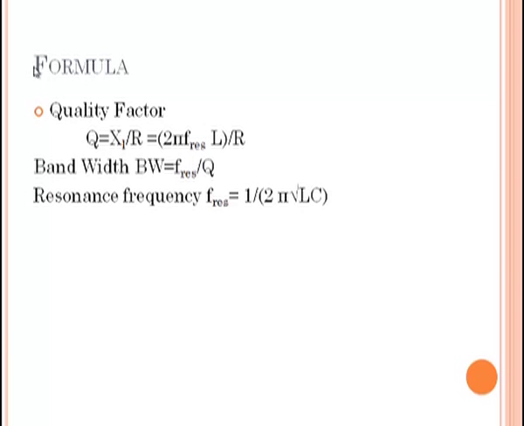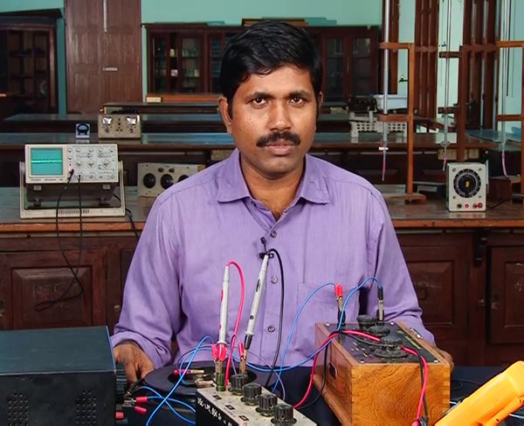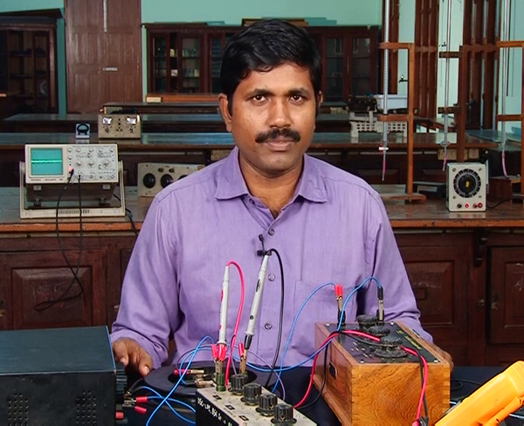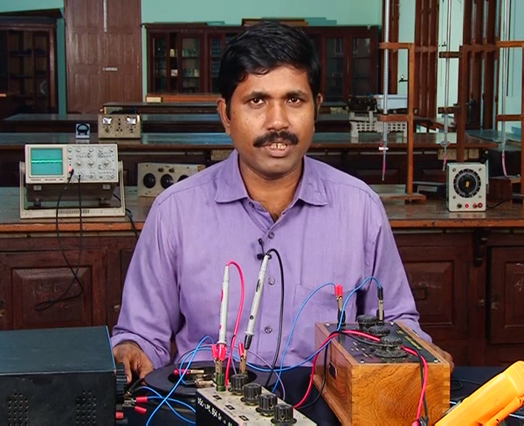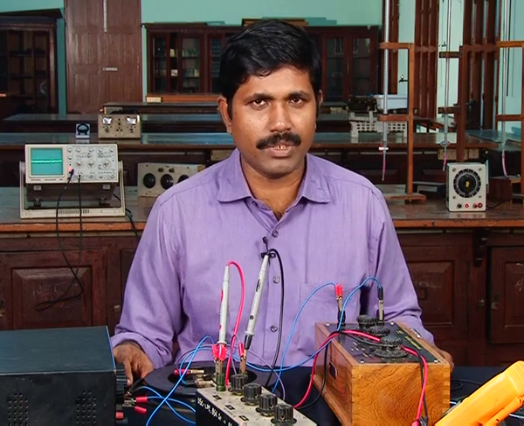Bandwidth of this circuit, that is, this circuit is responsive for what frequency range. That frequency range is called as bandwidth, or frequency difference between lower cutoff frequency and upper cutoff frequency.